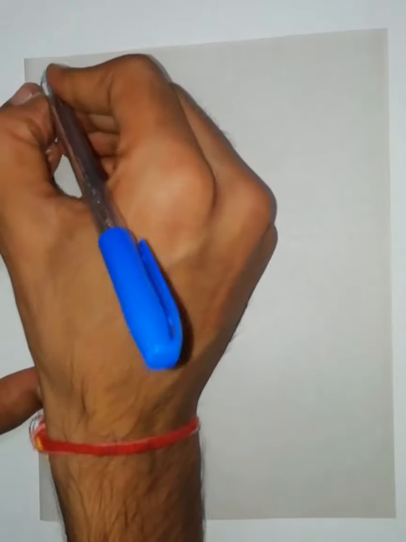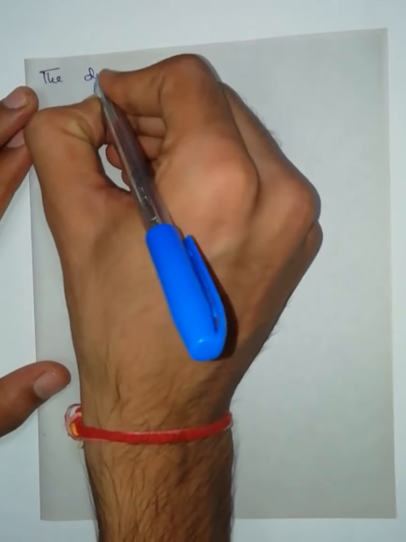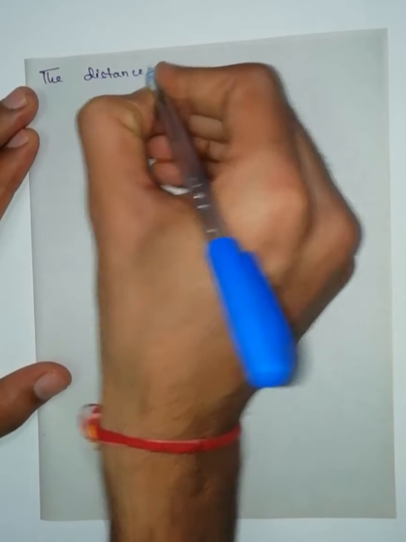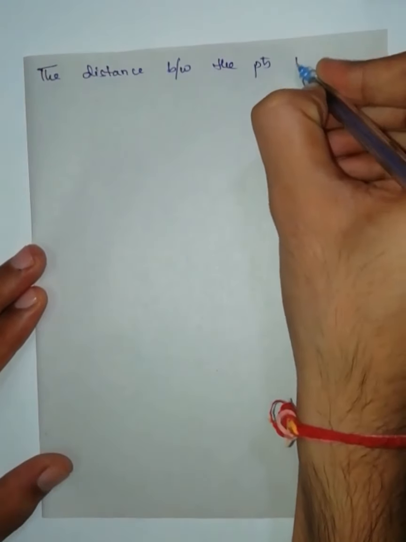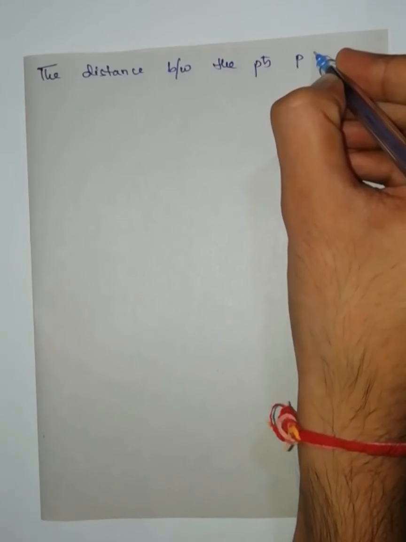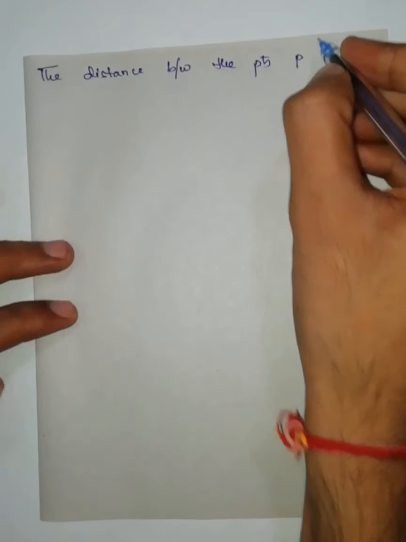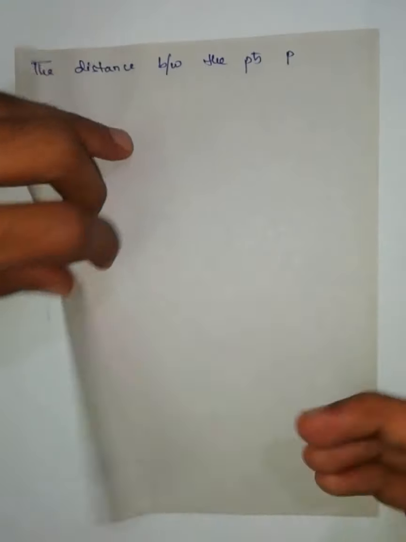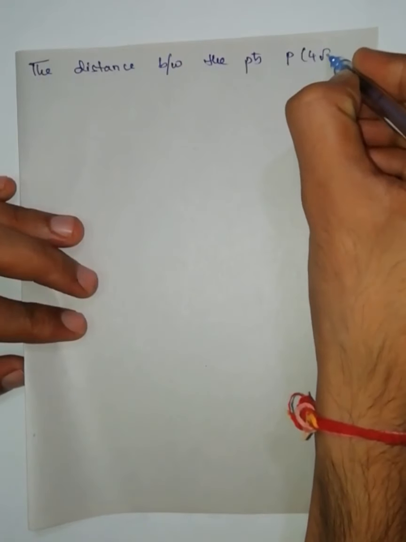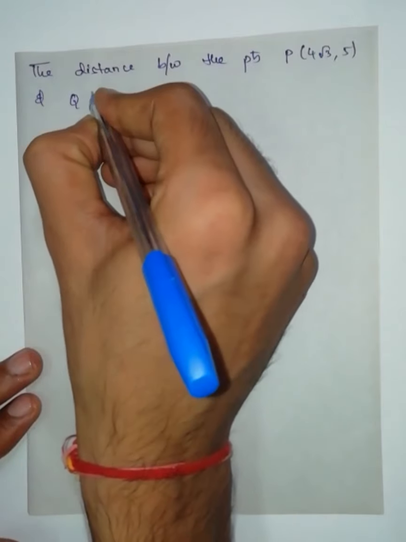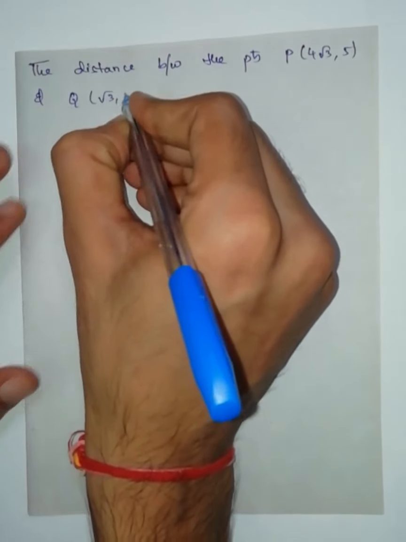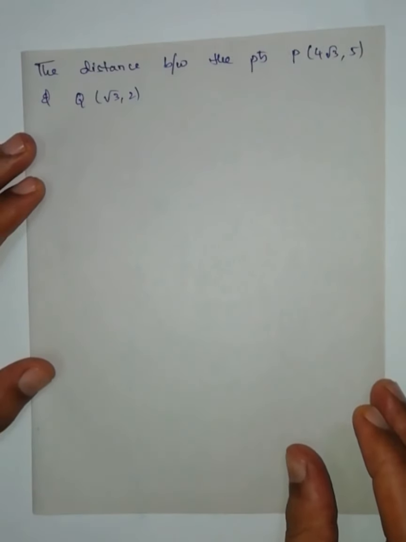The distance between the points P, just now we got P as 4 root 3 comma 5 and Q is given in the statement as root 3 comma 2.